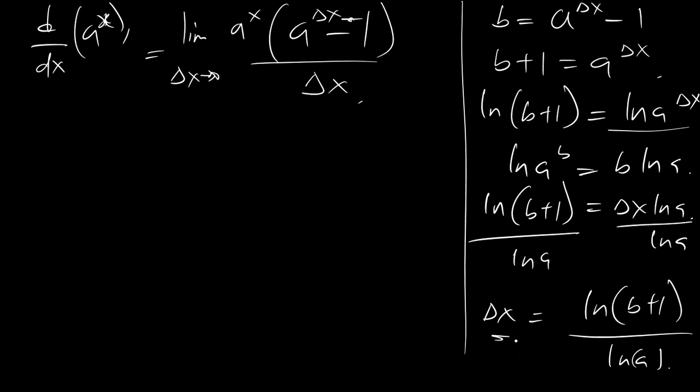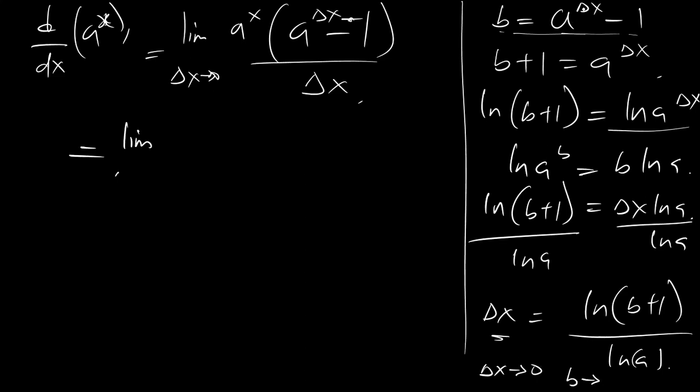We have delta x, and we also have this expression. So changing variables, we want to change variables from delta x to b. Now if you look at this, from here you can see that when delta x tends to 0, b tends to what?